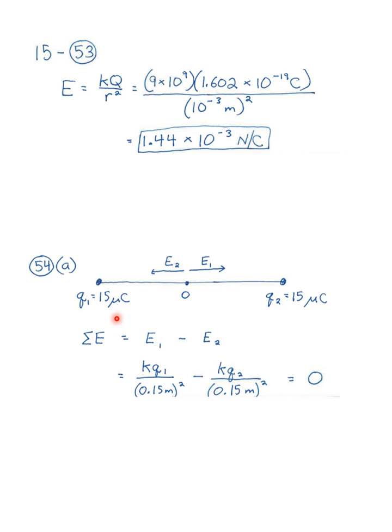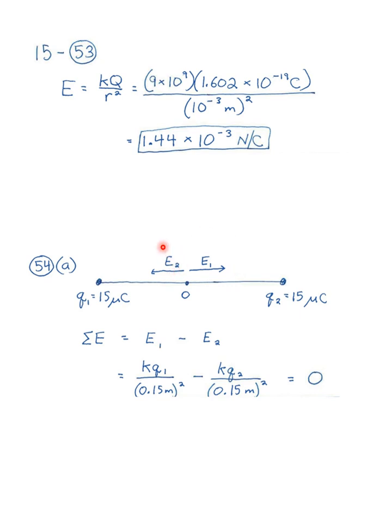The total electric field, we're going to use the superposition principle. It's going to be the addition of those two fields. Now, let's draw a picture of the fields. The field from charge 1 points away from charge 1. It points to the right because remember the direction of a field is the direction that a positive test charge would be accelerated, so it would be pushed away.